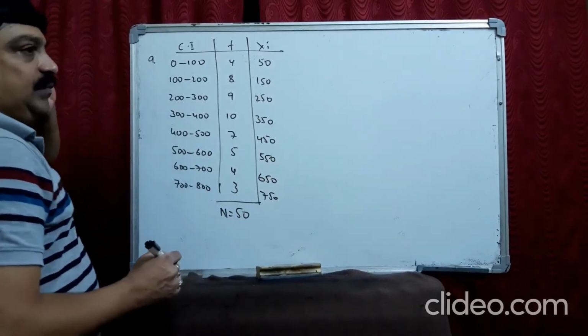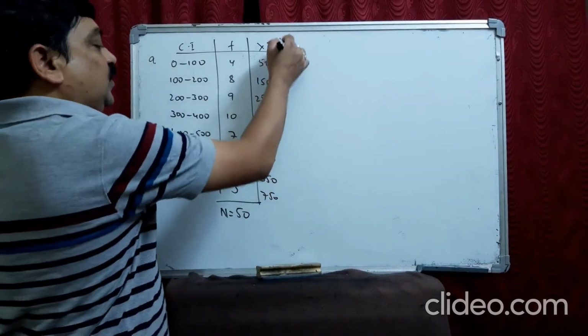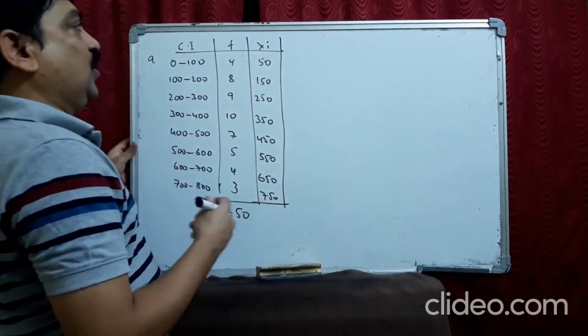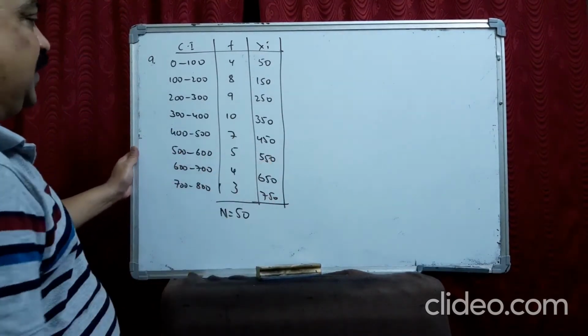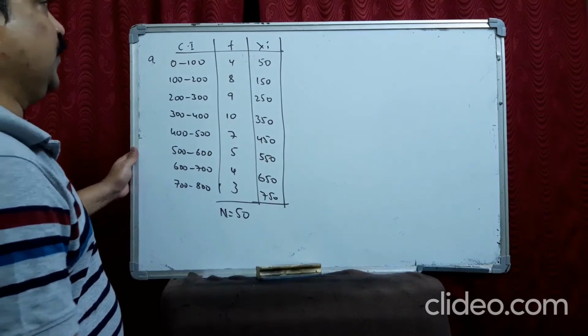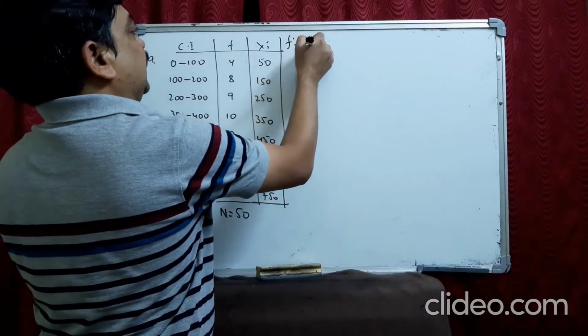Shall we go with the shortcut method to find the mean, the step deviation method, or the direct method? The direct method involves a very big calculation. If you find it so, then we go with f_i x_i.